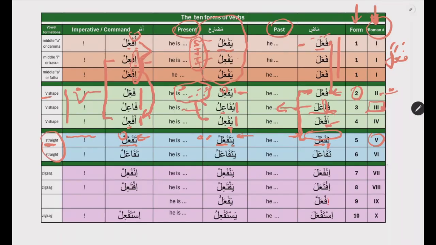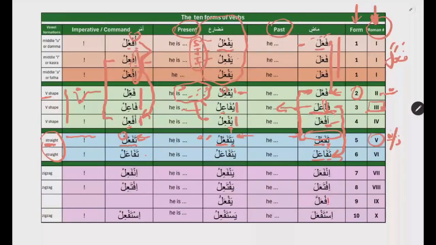Right, form 6 is, if you look at fa'ala, we go to tafa'ala. So again, you're taking the same form 3 verb this time, and you're adding a ta to it, and fa'ala was here on top as well. Right, then yatafa'alu is the present tense, and tafa'al is the imperative of it. So this one had a tajdeed, here also is a tajdeed, but it also had a ta in front, right?